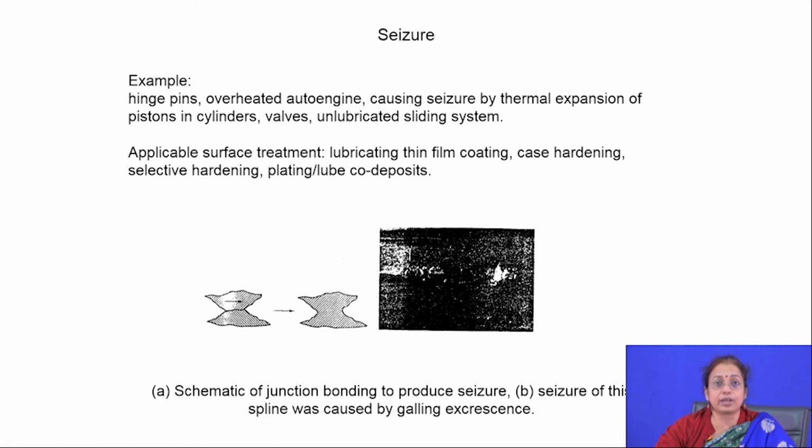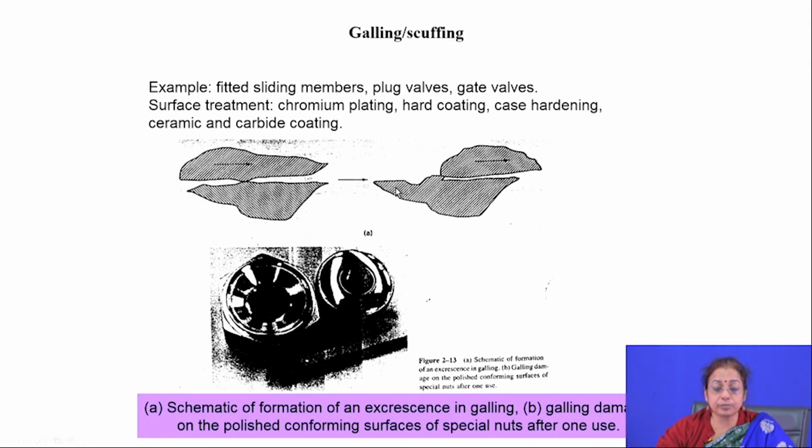The adhesive joint is responsible for this scissoring action, as a result of which the component stops its movement. Usually you can get rid of this kind of error by having continuous cooling and also applying a lubricating thin film coating on the surface.